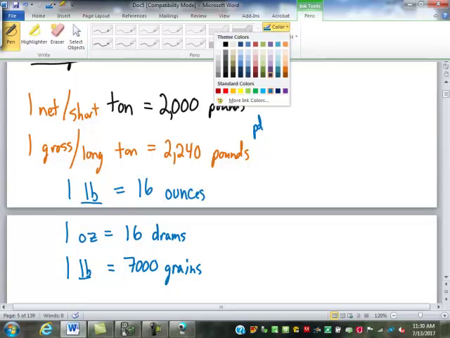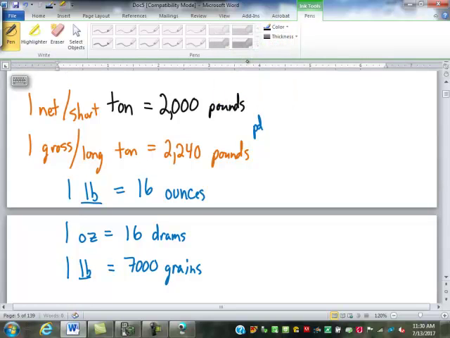Now, another little side note. Remember we said that from one country to the next, different leaders standardize these units at different times? In weight is where it really had the hugest effect. You hear on the news all the time, the price of gold's up to $1,800 an ounce or whatever.